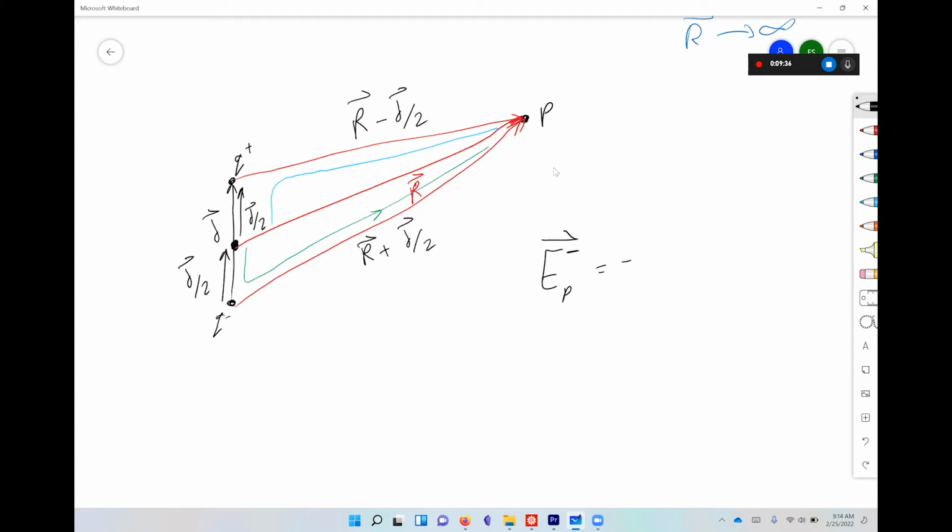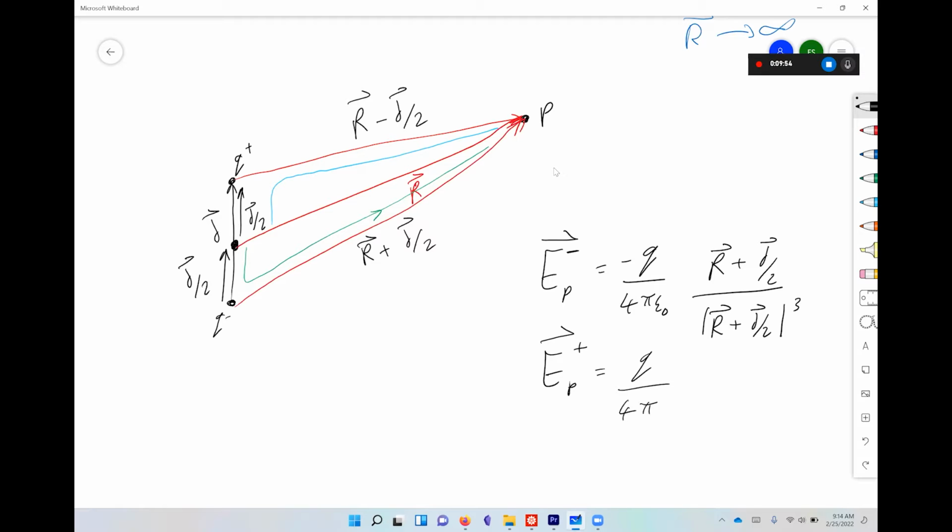This is going to be minus Q over 4 pi epsilon naught, R plus d over 2 over magnitude R plus d over 2 cubed. And then E_P positive vector is going to be Q over 4 pi epsilon naught, R minus d over 2 over R minus d over 2 magnitude cubed.